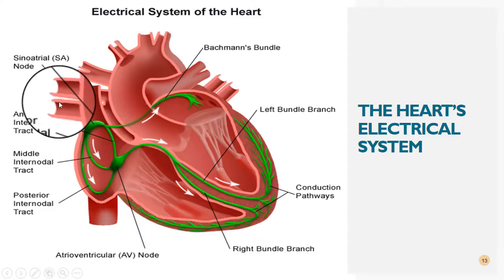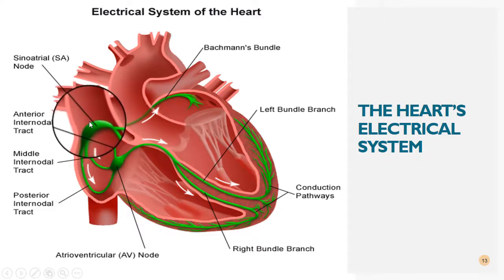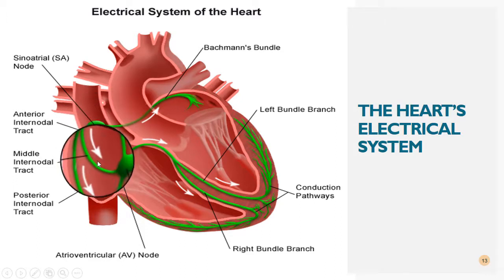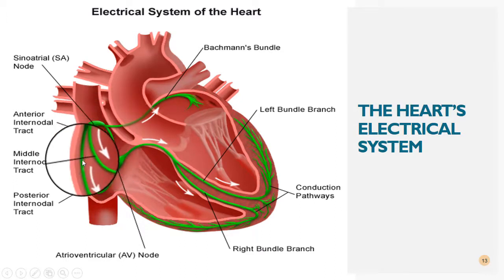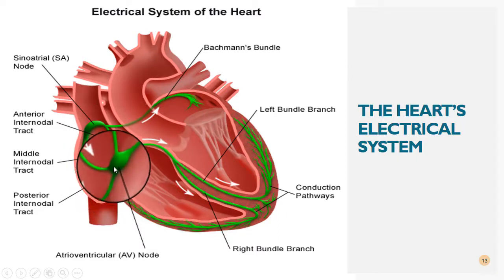The heart's electrical signals begin at the sinoatrial, or sinus, node, which is considered the heart's pacemaker and is positioned at the top of the right atrium. This signal causes the atria to contract and pushes the blood down into the ventricles.